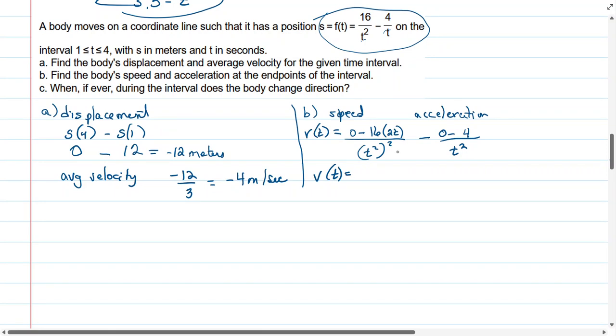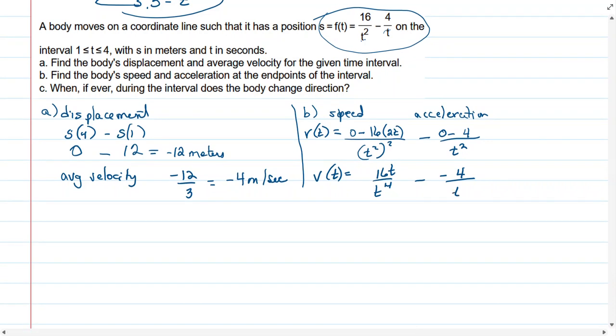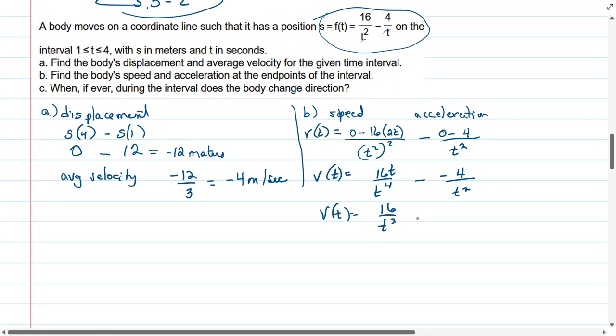Make sure I got this right. All right. So I'm going to reduce this guy. And that's a plus now. All right.